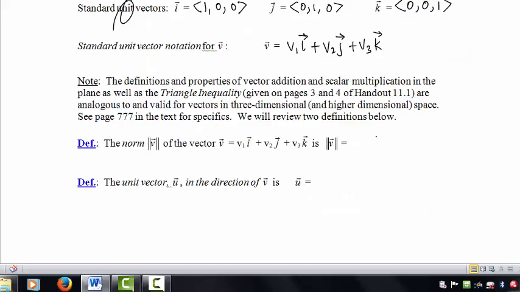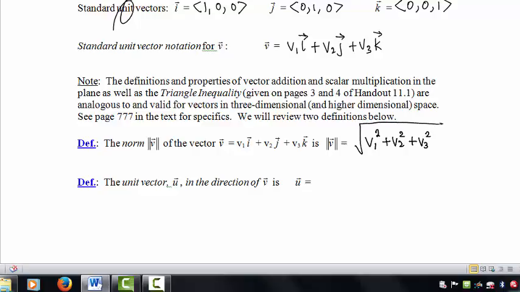The norm of a vector, given as you see, is also called the magnitude or length. Notice the notation, double bars around the vector V, is computed by squaring each of the coordinates, adding those results, and taking the square root.